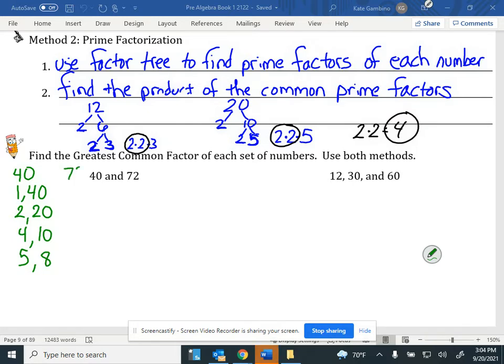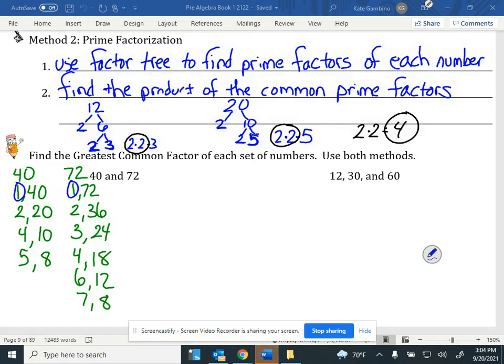Our factor pairs for 72 would be 1 and 72, 2 and 36, 3 and 24, 4 and 18, 6 and 12, 7 and 8. So I'm going to now go and circle all of the common factors.